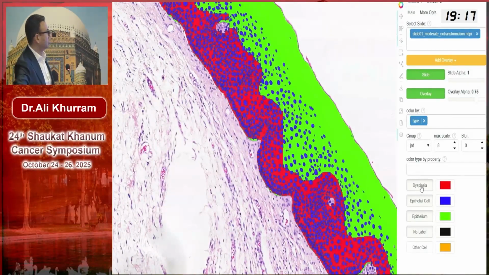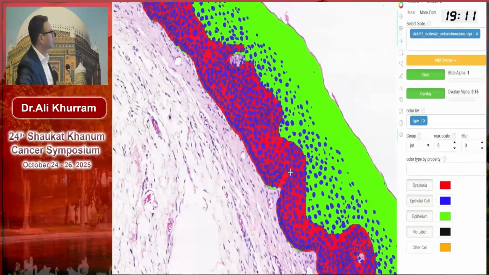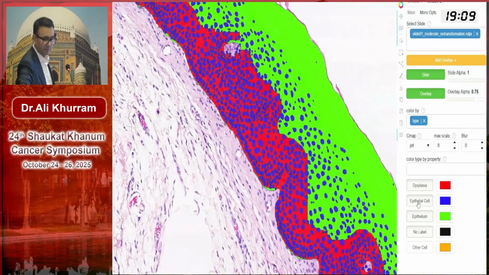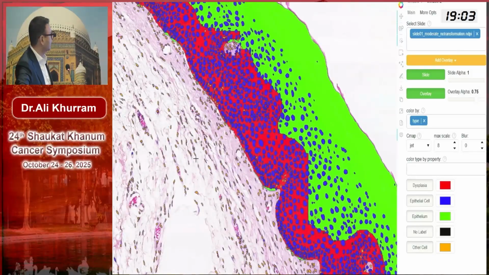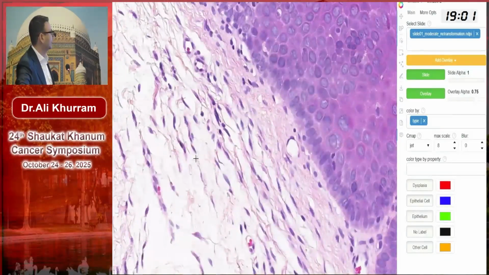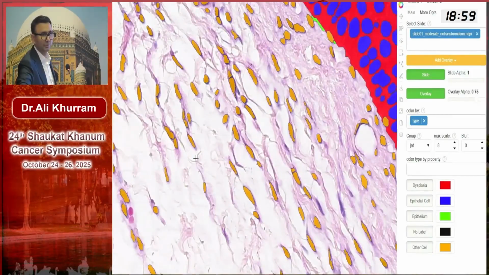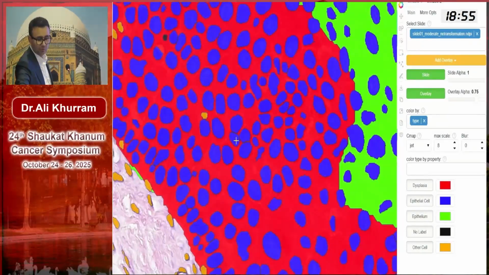And after that, we wanted it to tell us where the dysplasia is in this epithelium, and the red area is automatically identifying where the model thinks dysplasia is present. But we can also look at other cells in the stroma, how many lymphocytes or fibroblasts or other cells might be present, and do all sorts of analysis on those as well.